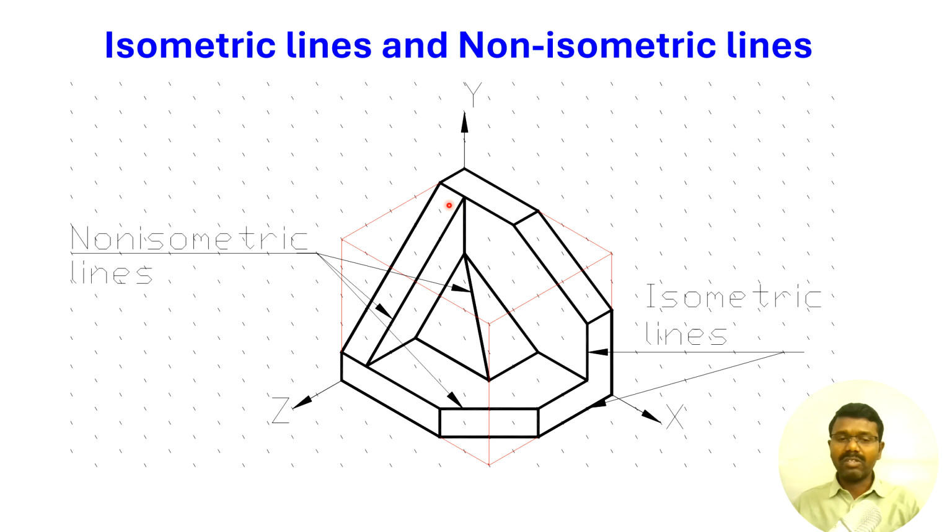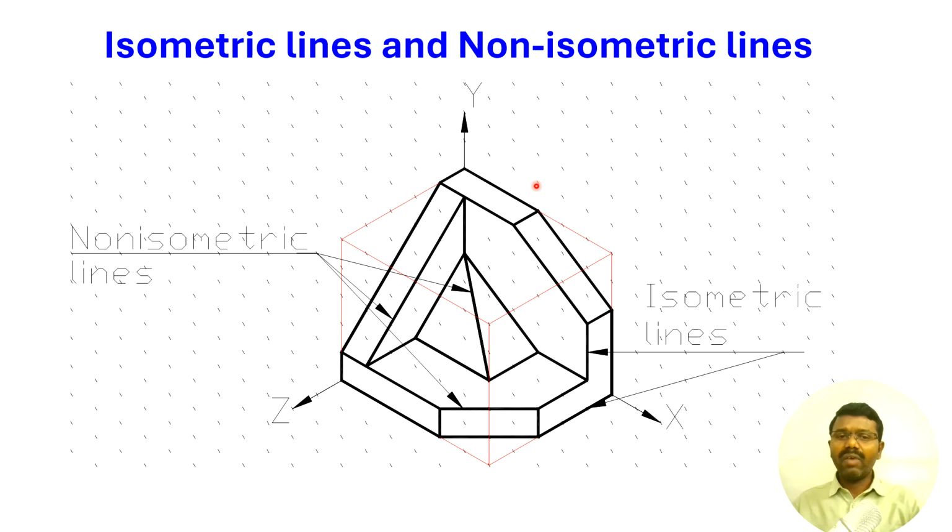It is a combination of both. But here the inclined surface will be visible as a line in one view, and in the other two views the surface will appear with reduced dimensions.